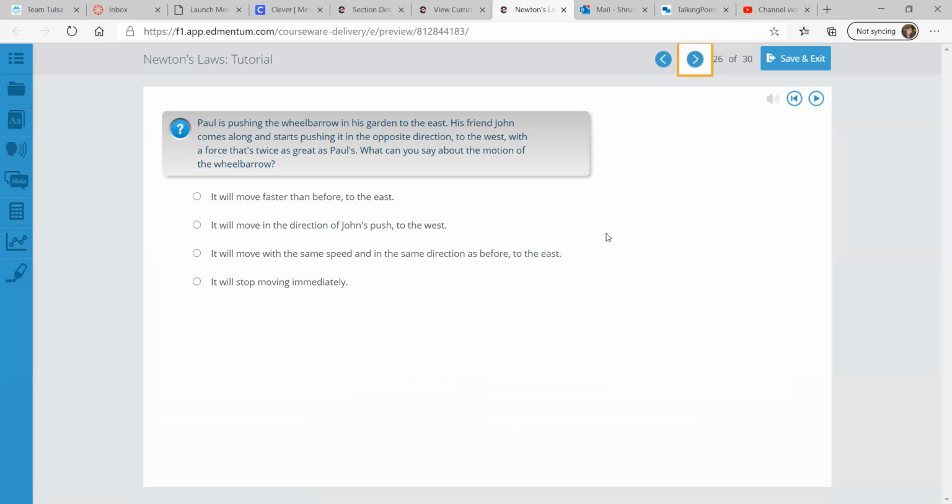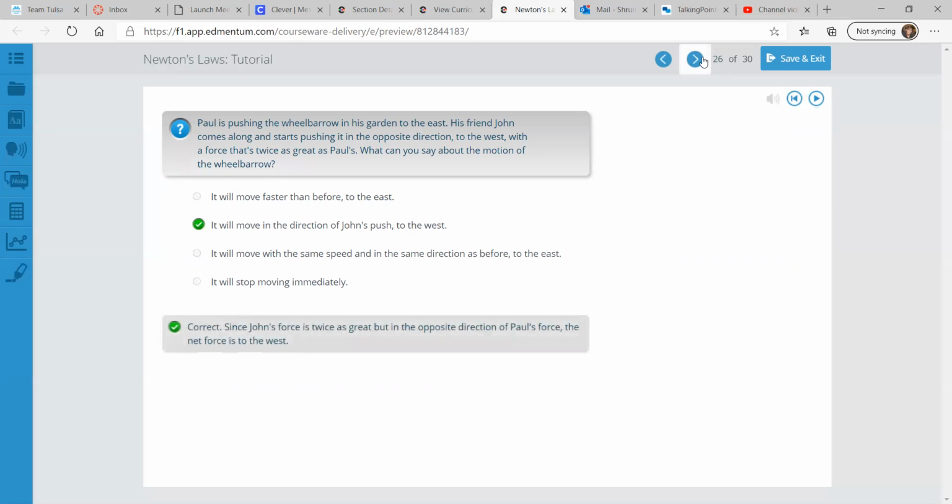Well, if he's pushing it to the east, and then his friend comes over and starts pushing it to the west, and he's using a force twice as great as Paul's, it's going to go in the direction of John, since his force is greater. And that means it's going to move to the west. Yay.